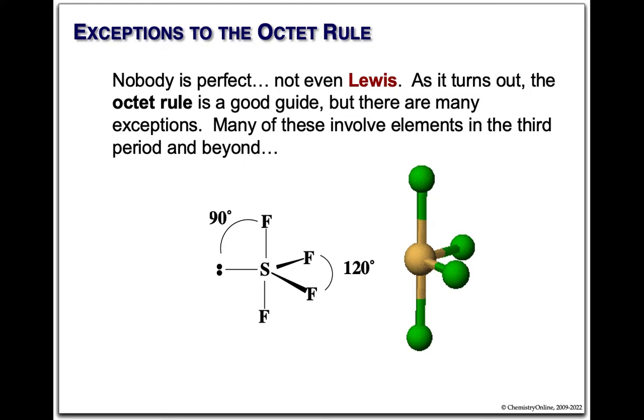All right. The reason it can do this, sulfur is in the 3rd period. Remember, things in the 3rd period have d orbitals available. They're not filled yet, but they have them there. We simply put this extra pair of electrons in the d orbital. This is called valence expansion.